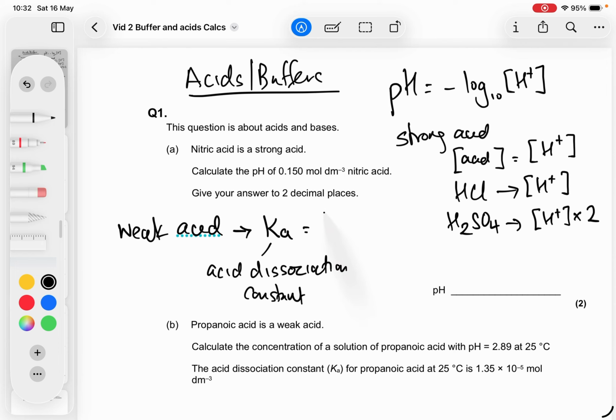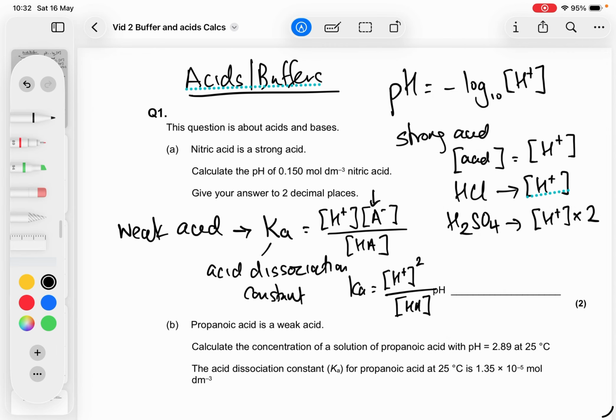It is the expression [H+][A-] over [HA], the salt and the acid. That's the expression. For calculation purposes, because it's a weak acid, [A-] equals [H+], so we reduce that expression to [H+] squared over [HA]. We'll do an example to look at how we work that out.